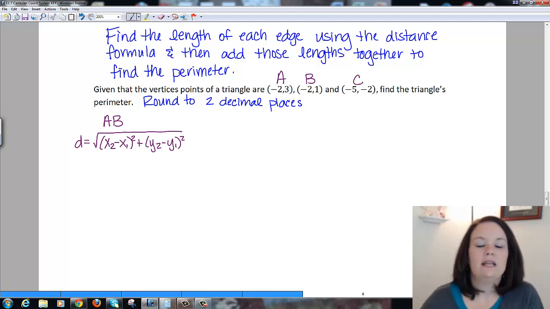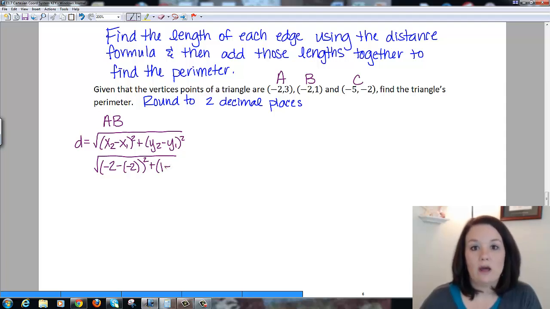So I need to do the x value of my B point, which is -2, minus the x value of my A point, which is -2, squared, plus the y value of my B point, which is 1, minus the y value of my A point, which is 3. And now I just simplify.